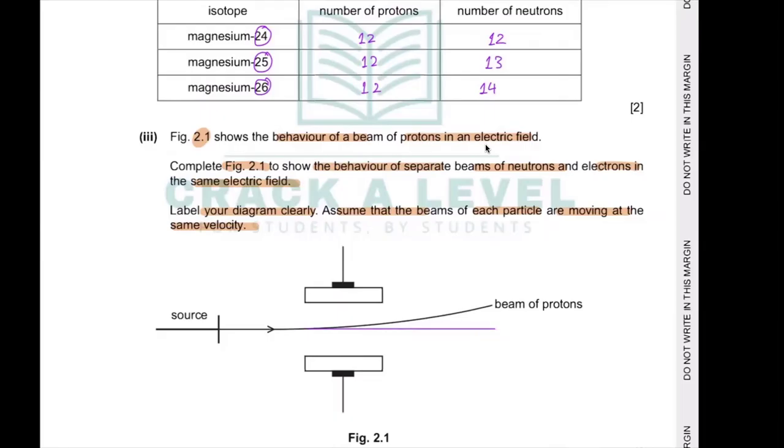Right? And protons are going to be, obviously, when the beam of protons is moving upward, the beam of electrons is going to move downward, and electrons are lighter. So it bends more than the proton towards the positive terminal.